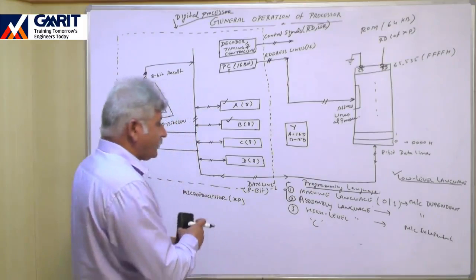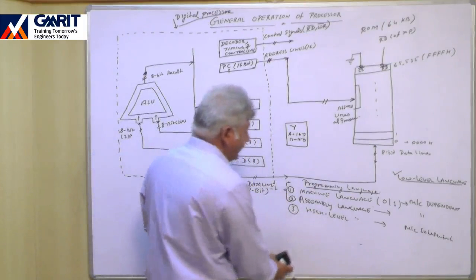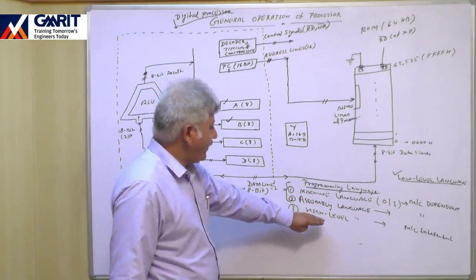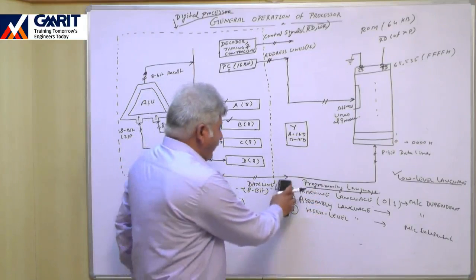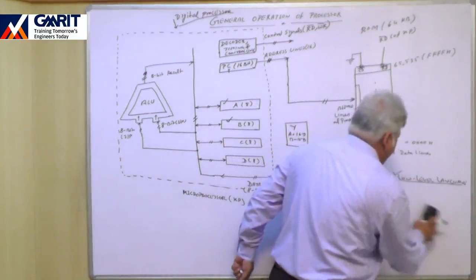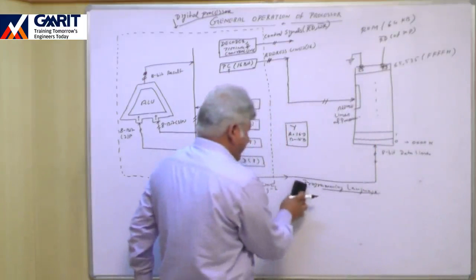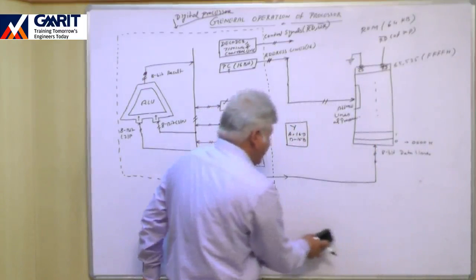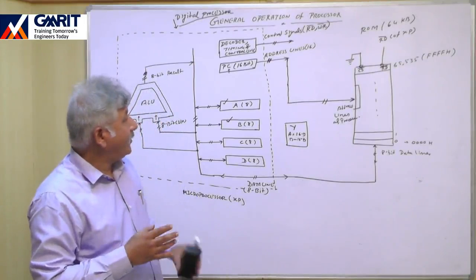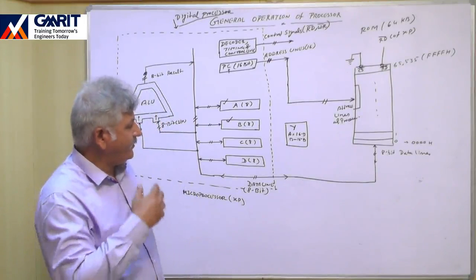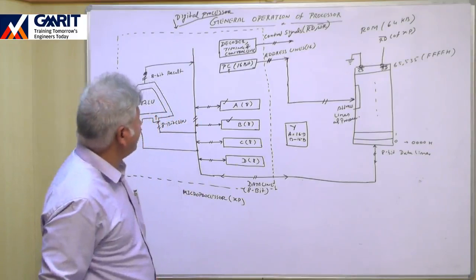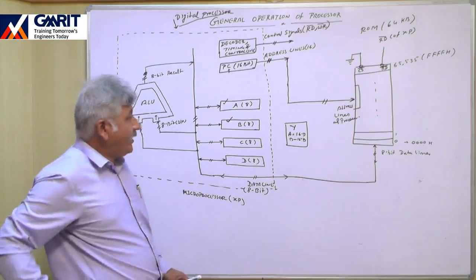Right? So in this way, there are basically three types of programming languages: machine language, assembly language, and high level language. Initially programmers used to write programs by using machine language, but in machine language there is always a chance of error and it is a slow process. That's why the designers of these processors designed assembly language.